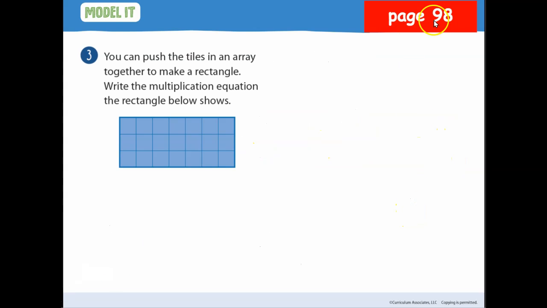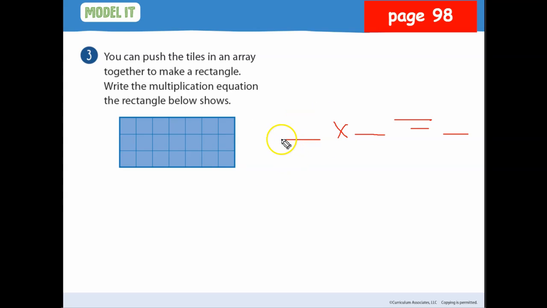On page 98, it says you can push the tiles in an array together to make a rectangle. Write the multiplication equation the rectangle below shows. So remember, I need to have a number times a number equals something, right?